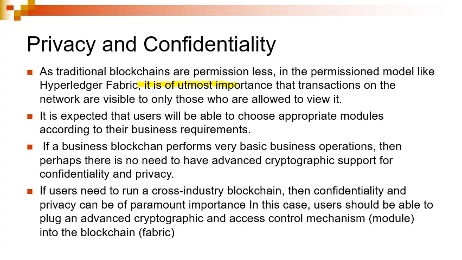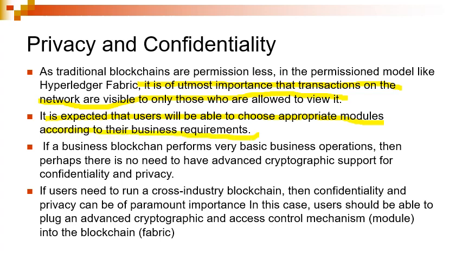It is of utmost importance that the transactions on the network are visible only to those who are allowed to view them. As Hyperledger Fabric is a permissioned, private blockchain, transactions should be visible only to those allowed to view them, and it is expected that users will be able to choose appropriate modules according to their business requirements.